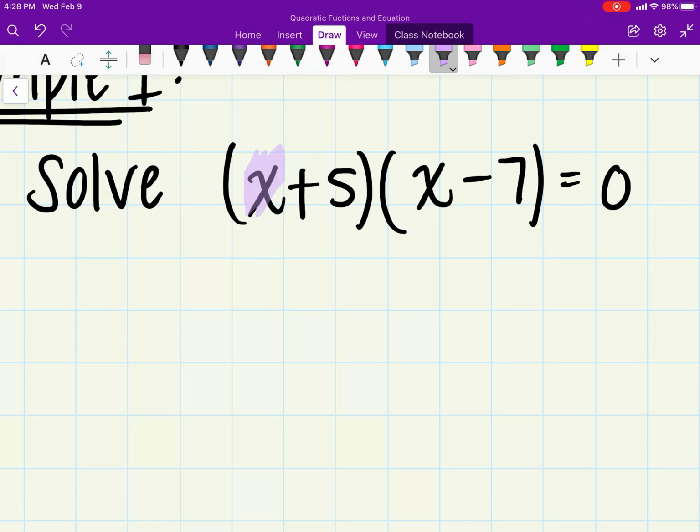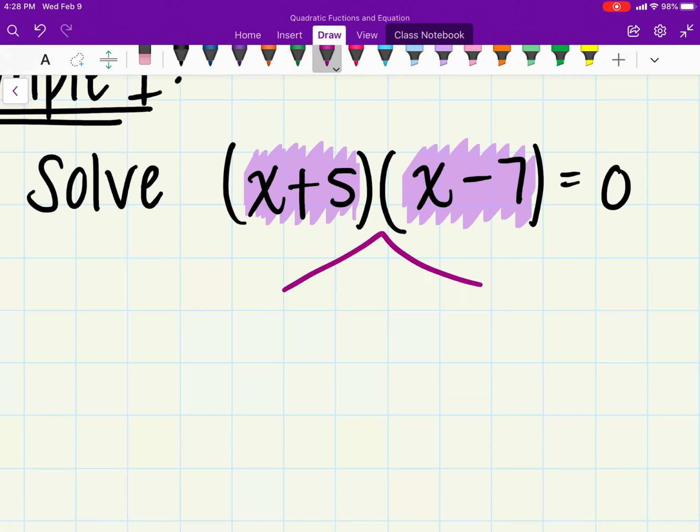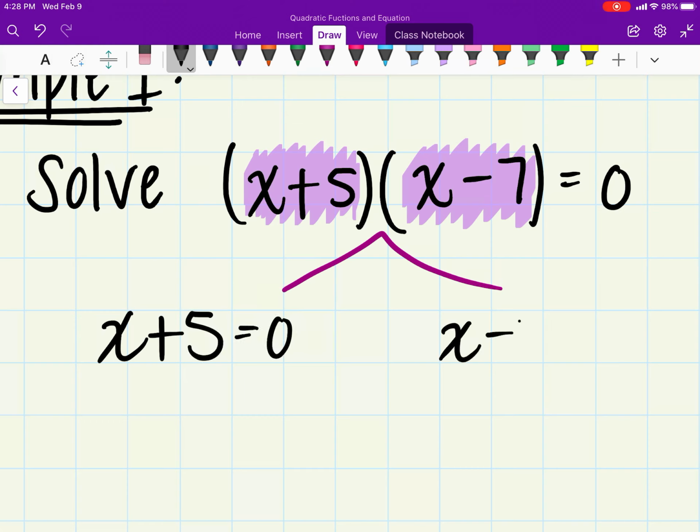So, for example, x plus 5 here has a variable, so I'm going to make that equal to 0. And also x minus 7 has a variable, so I'll make that one equal to 0. So we're going to break this apart, and we have x plus 5 equal to 0, and x minus 7 equal to 0.